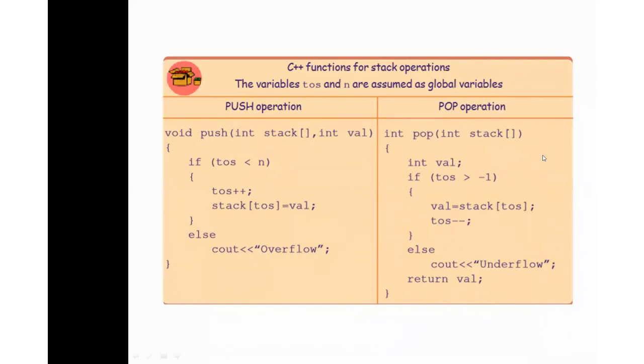That is a simple algorithmic way it is written. Here the only thing is that you have used the void keyword, nothing more than that. The same thing you are copying over here. Okay, for push and pop operation. This is always a sure 3 marks question.